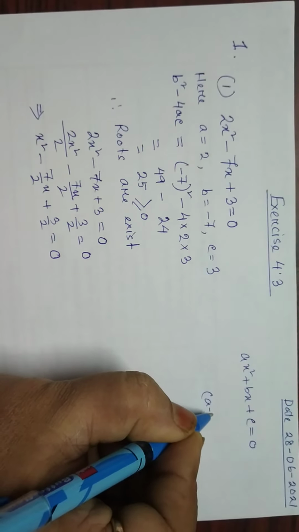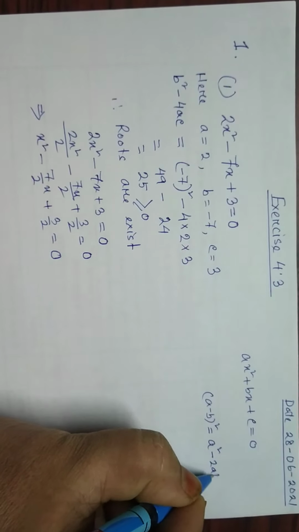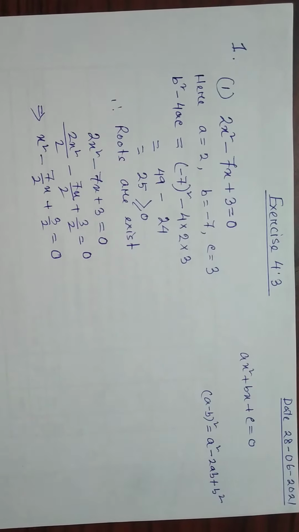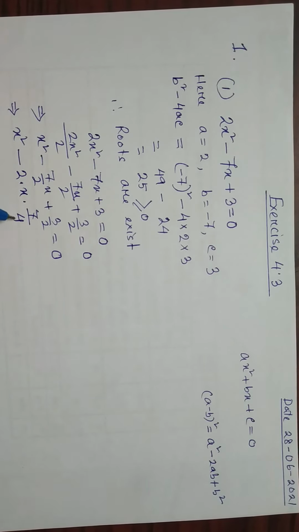Now here there is a negative sign, that's why we make it a complete square of the form a minus b whole square. a minus b whole square means a square minus 2ab plus b square. Here x square is a square, and in 2ab, 2 into a means x, b means 7 by 4. Why? If we cancel by 2, the 4 becomes 2, and again we get minus 7 by 2 x.